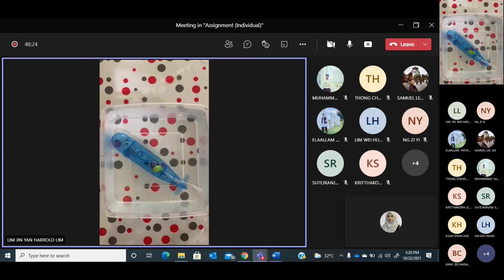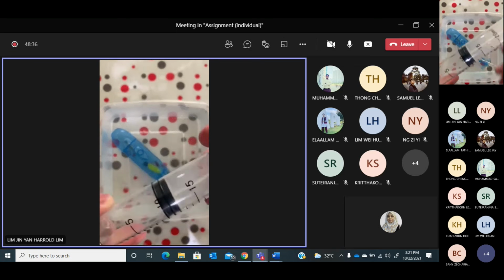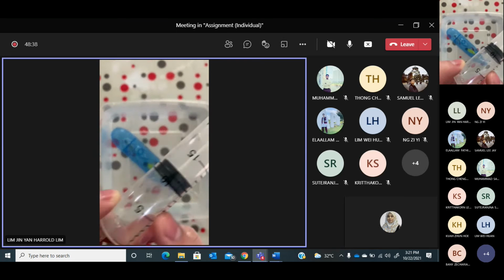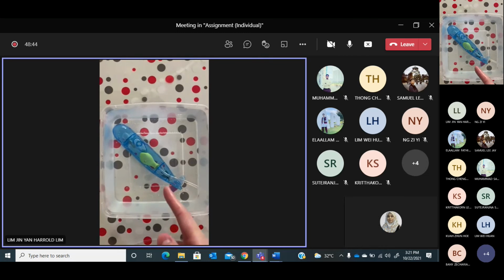Now I will pump in 10 cm cube of air inside the balloon. This is 10 cm cube of air. Now I pump it in, and the balloon expands, and the submarine floats a little bit.